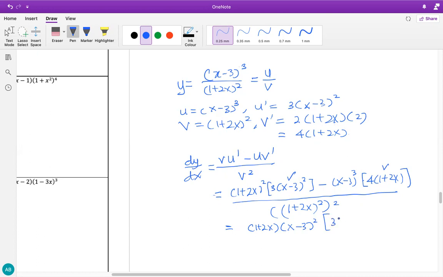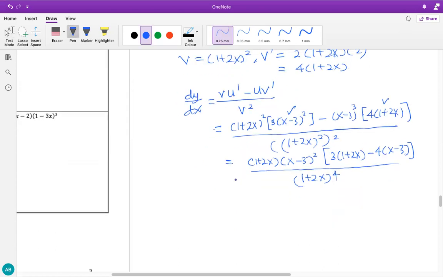So 3 and 1 plus 2x, and then here we will left 4 and minus 4x minus 3, and then over 1 plus 2x power 4. Then you can simplify, cancel this, you get 3.